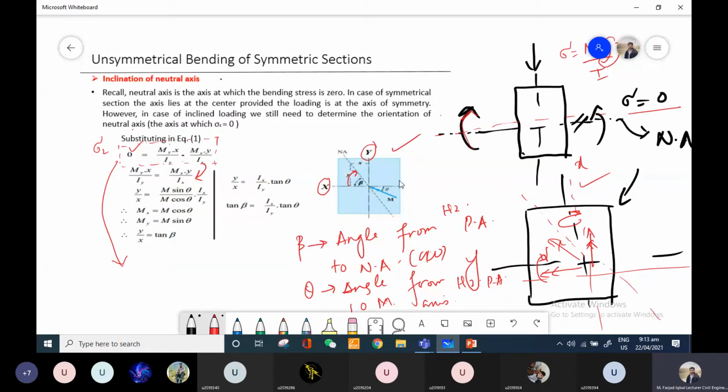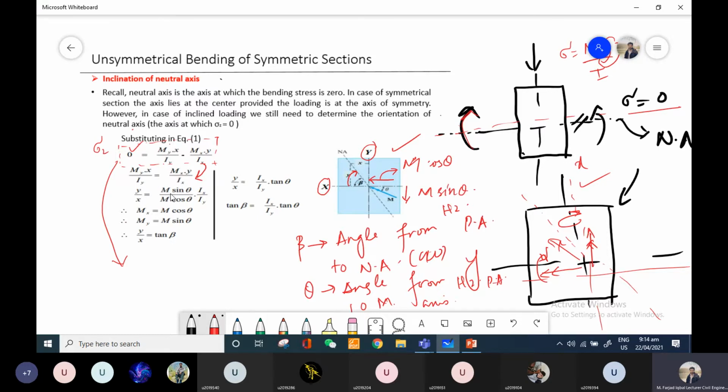Now in this equation, if I see clearly, if I resolve this moment or resultant moment into two components, one will be in this direction, and that is Mx, M cos of theta, I can call it that, and the y component will be M sine of theta. Now these two components I have shown over here.